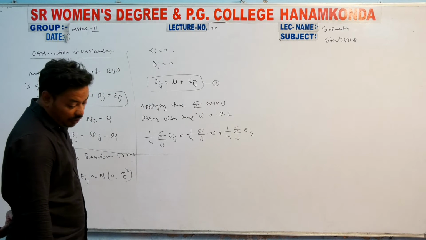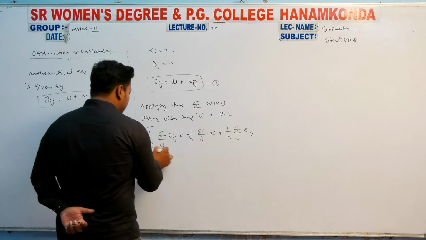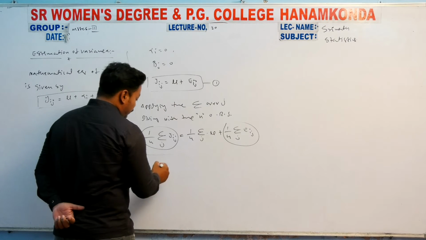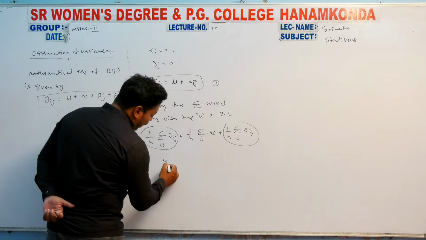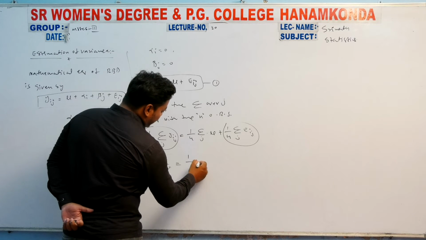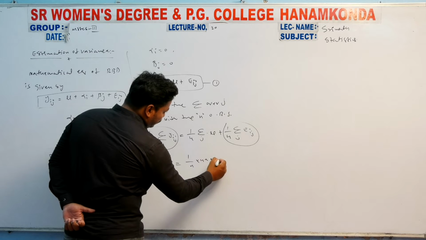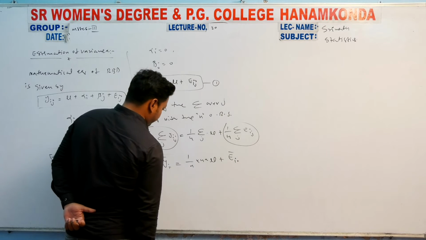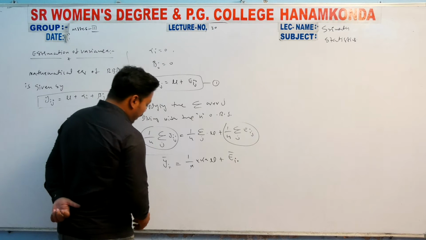Here we have a formula, this term and also this term, yi dot bar equal to 1 by n into n mu, and Ei dot bar. The n gets cancelled.